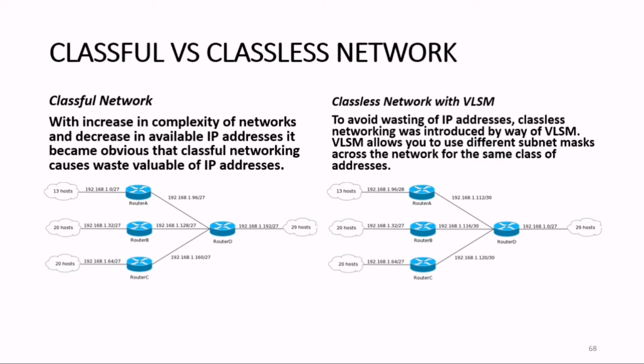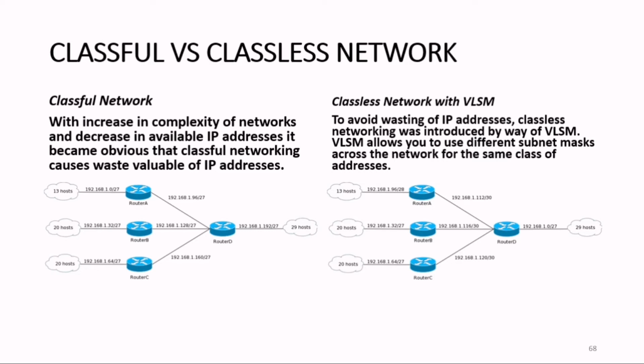With the increasing complexity of networks and the decrease in IP addresses, it became obvious that classful networking wastes valuable IP addresses. For example, if you use a class C network, you have 255 maximum hosts.